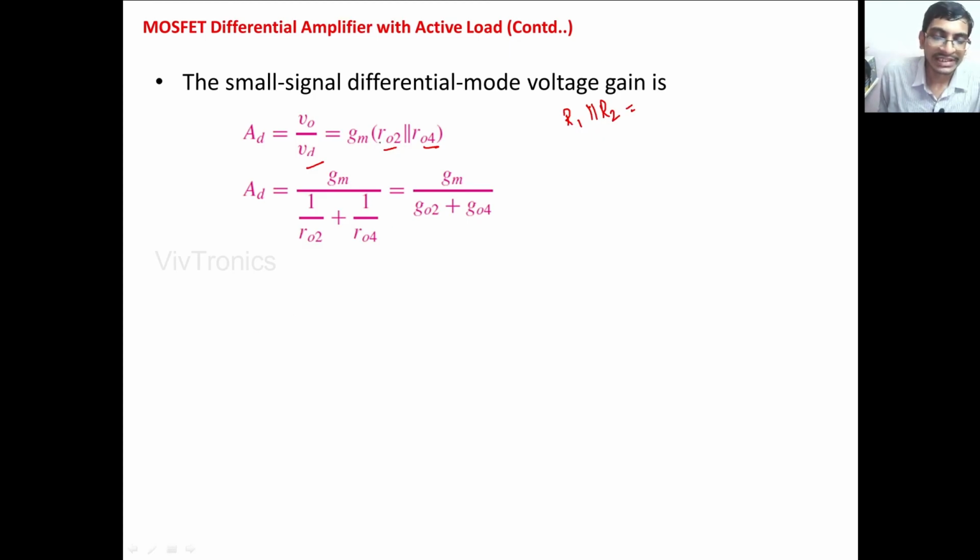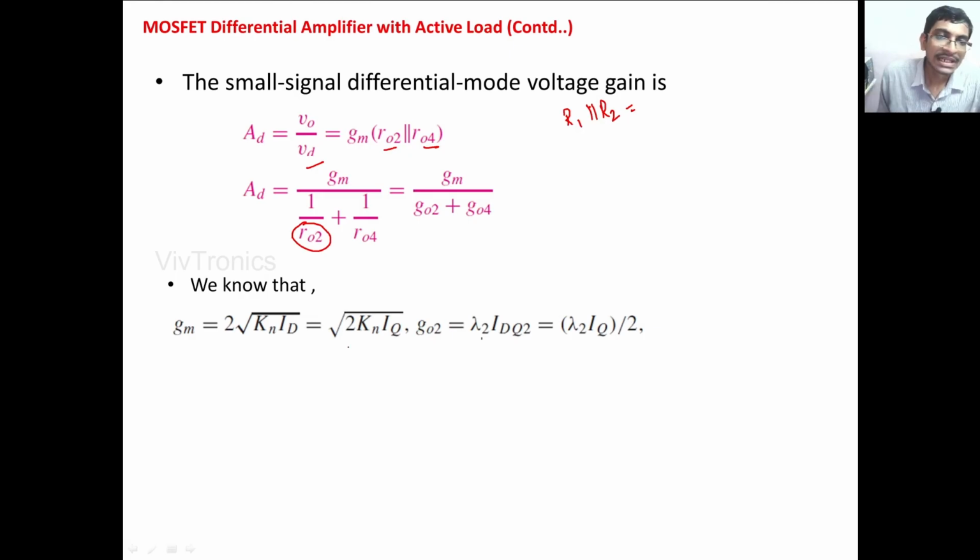Okay, so these are in the combination of r1 parallel r2, so we can write them like 1 by (1/r02 plus 1/r04). Here r02 is a resistance, therefore 1 by r02 is a conductance. Therefore, we can write 1 by r02 as g02, which is the conductance, and 1 by r04 as g04, which is the conductance of the fourth transistor.